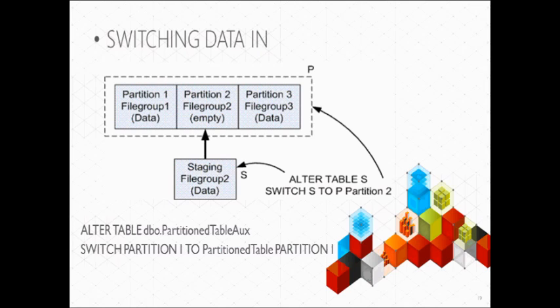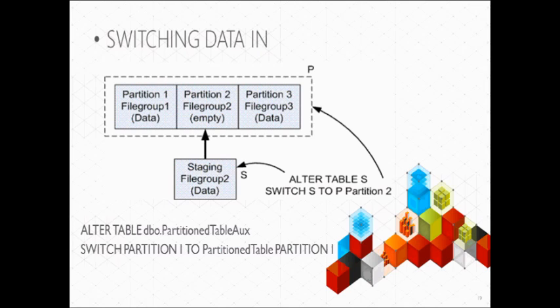For switching data in, when you switch from a standalone table into a partition table, and vice versa, to exchange data with the table partitions, you should alter the standalone table, and you shouldn't change anything for the partition table. This time it is more complex, because the standalone table must have the same structure, same indexes, primary key, check and foreign key constraints as the partition table.